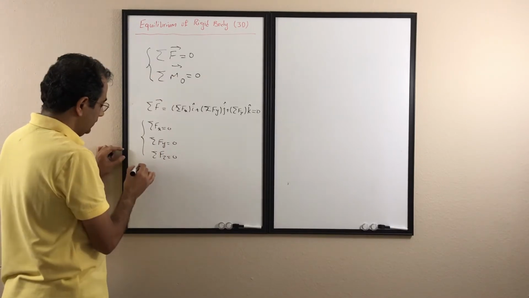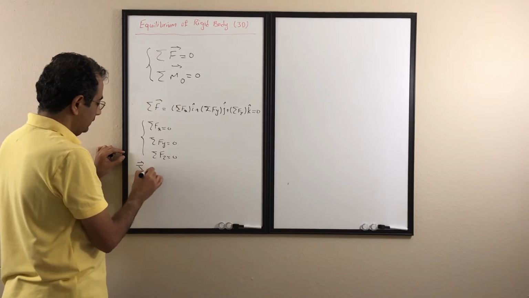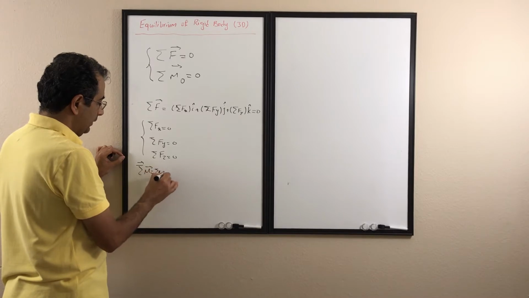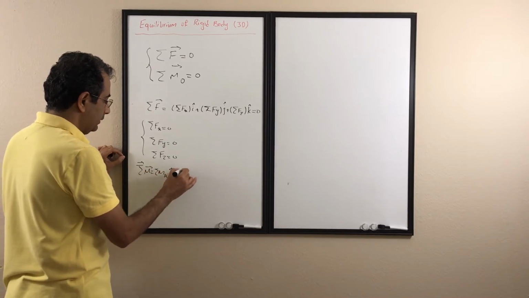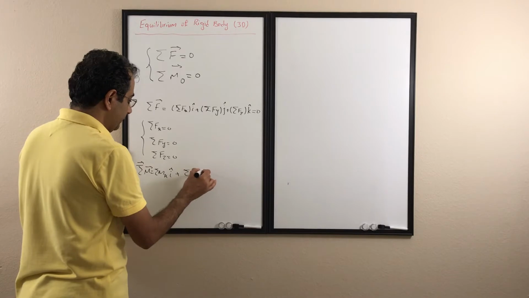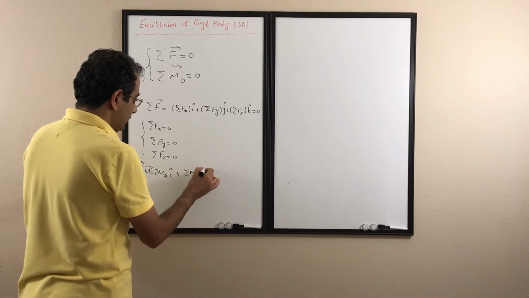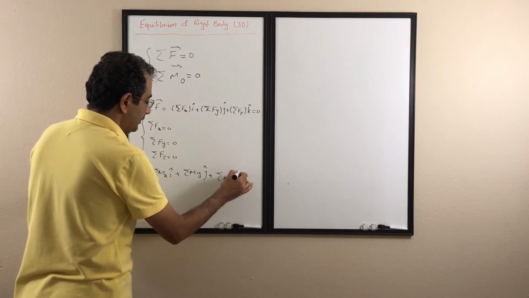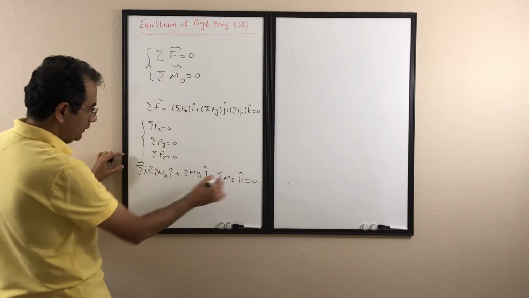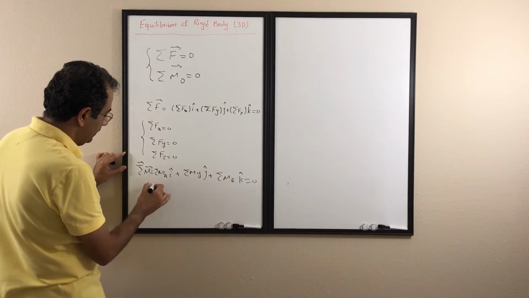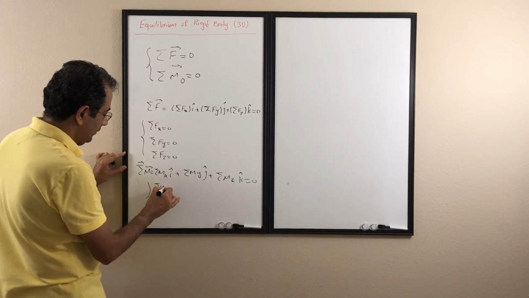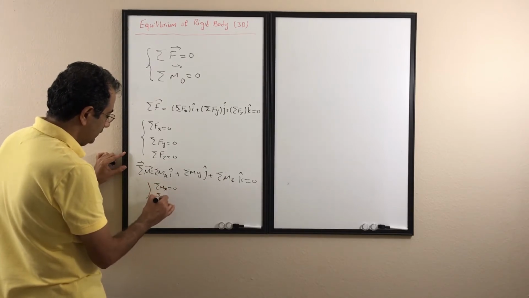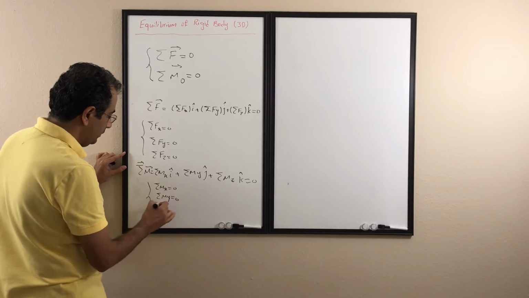The same for the moment. If we write that the moment is 0, and sigma m comes out as sigma mx i plus sigma my j plus sigma mz k is 0, then again we have sigma mx is 0, sigma my is 0, and sigma mz is 0.